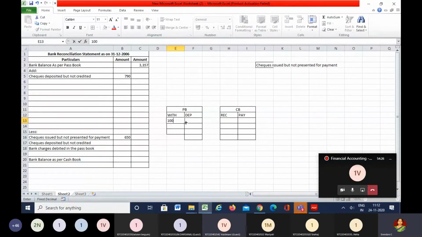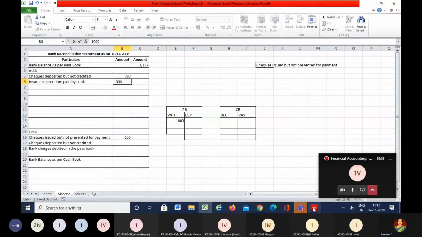So because of this transaction, what is the effect on the balance? The passbook is getting less and the cash book is more. So what are you going to do? Add. So here you can mention it as insurance premium paid by bank, and the amount paid here is 1000.